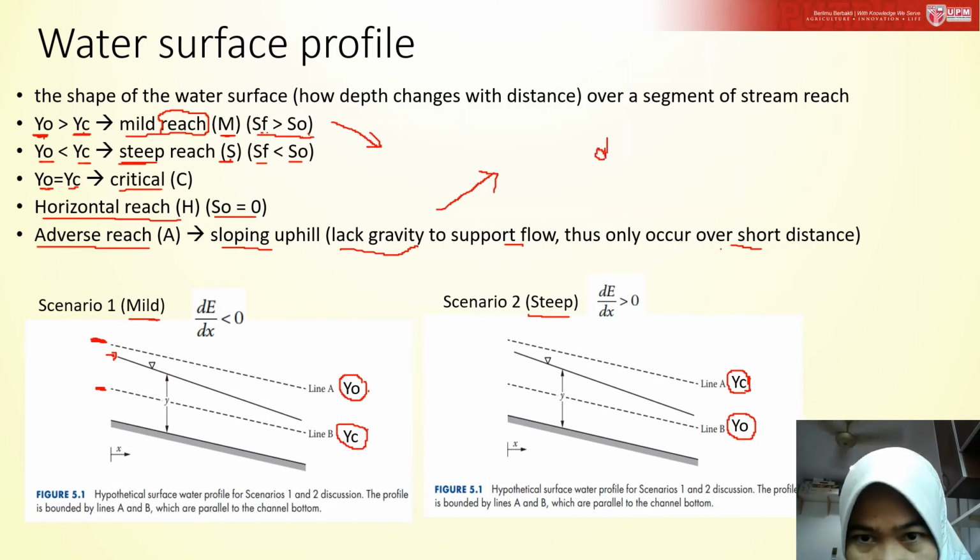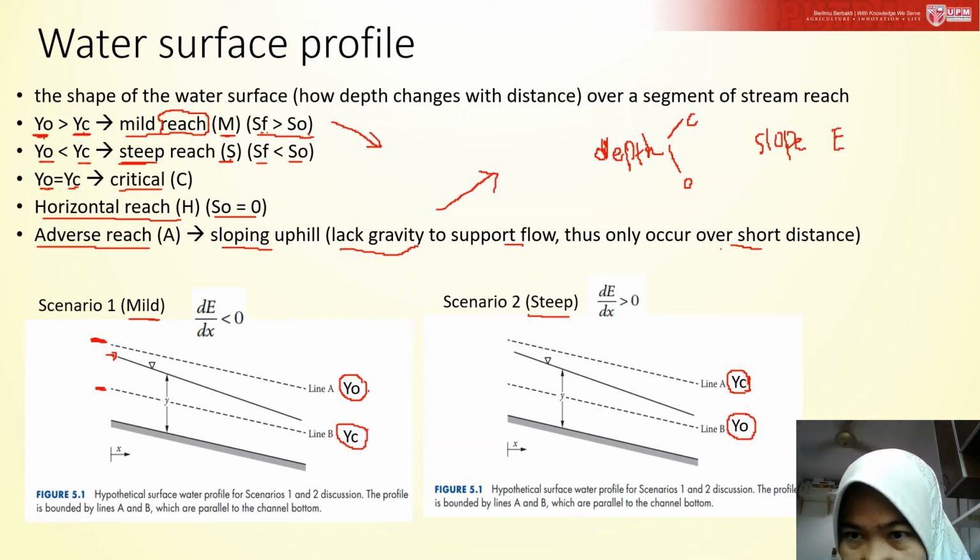When you talk about the profile, you actually talk about the depth of the channel, and with the depth of the channel, you have critical depth and normal depth. Then you have the slope of the channel. Later we will talk about energy.